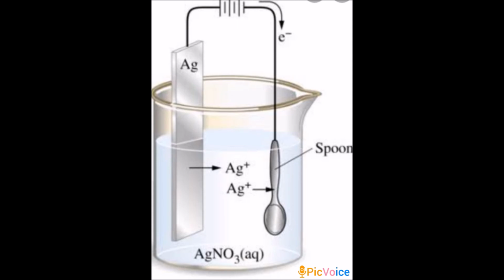When they reach the cathode, the ions gain electrons and change into silver atoms, which deposit on the cathode in the form of a thin metallic layer. This process is known as electroplating.